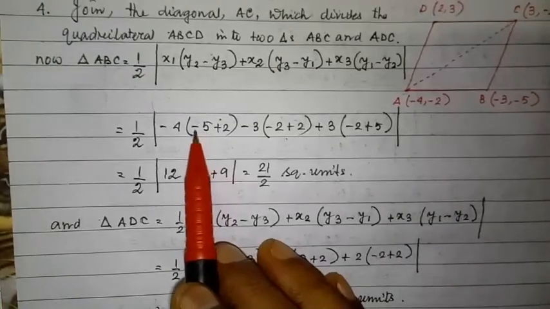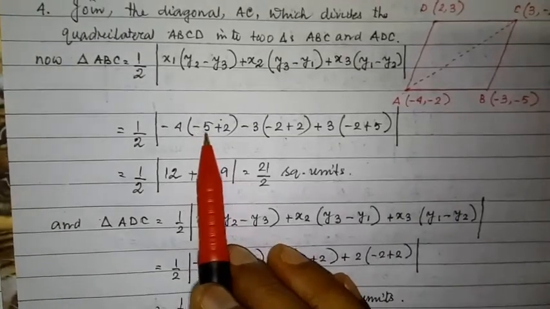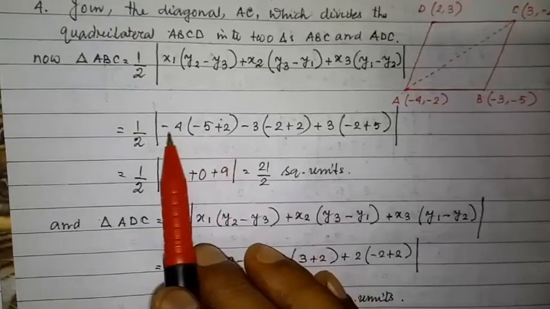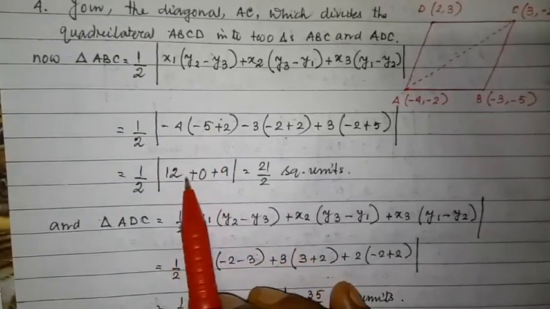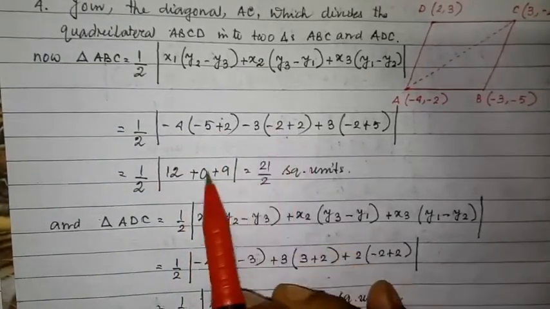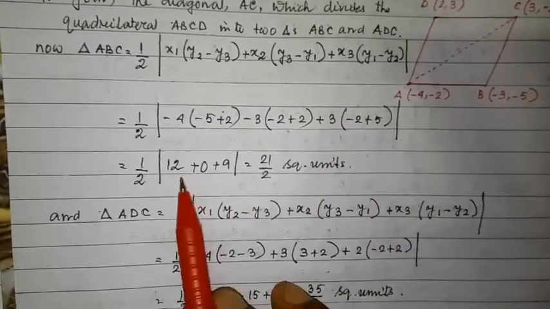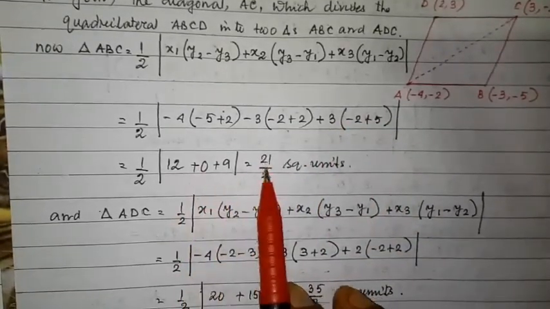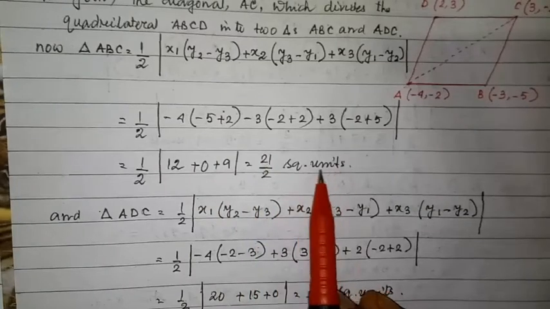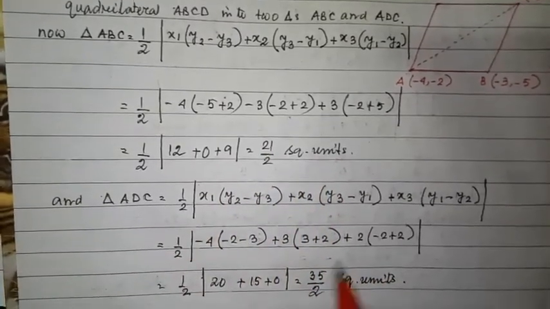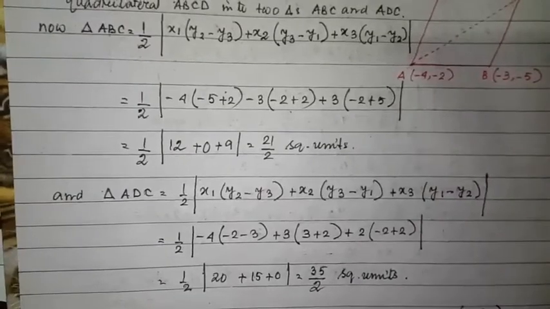Now this is minus 4 into minus 3, 12, then this is cancelled, 0, then 3 into 3 is 9, so 12 plus 9, 21, so 21 by 2 square unit. And area of triangle ADC.